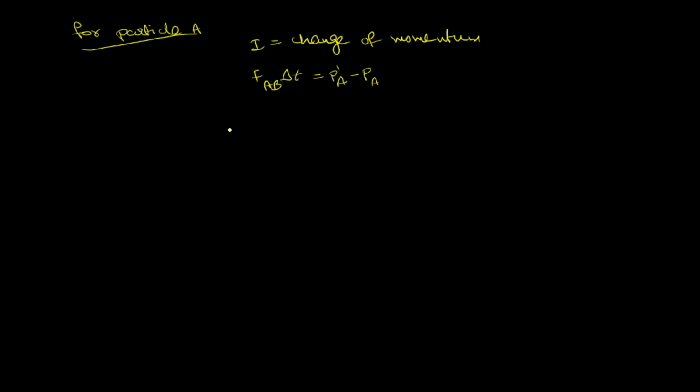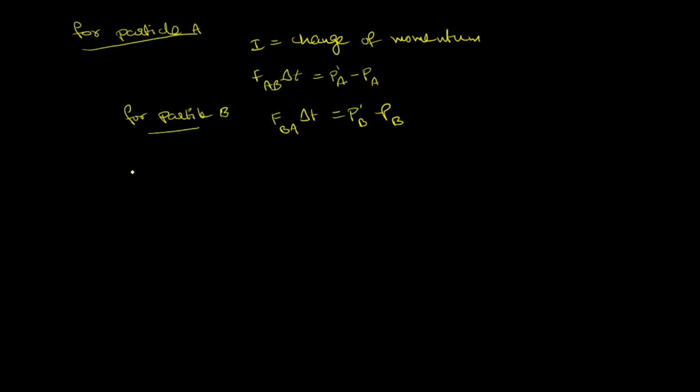Okay, and for particle B, impulse is FBA into delta T, which is equal to PB prime minus PB. Momentum after collision and momentum before collision.